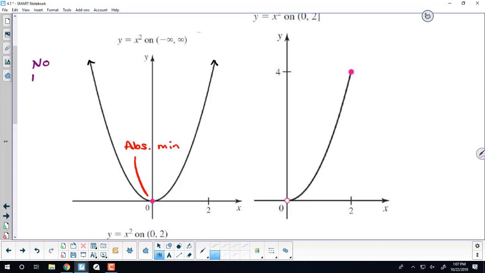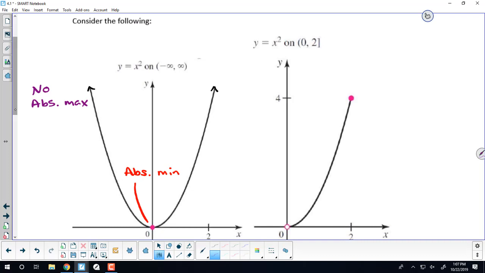So there is no absolute max. Okay, so on its domain, it doesn't really work, and we'll see why.